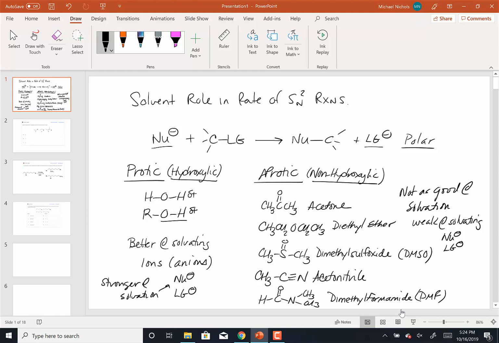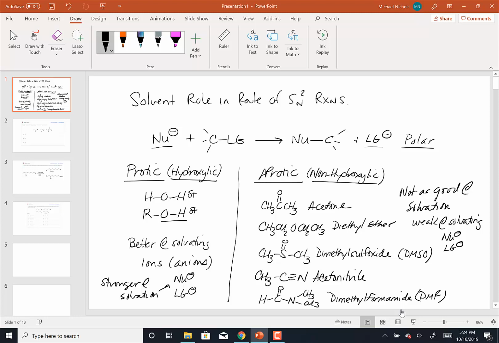So this is how we lay out the two different types of solvents that we're going to use. And the book uses protic and aprotic. If you've done, like I did, some PhD work in this area, what you find is that protic and aprotic are not necessarily the most descriptive terms.